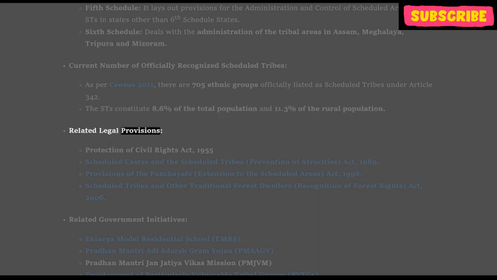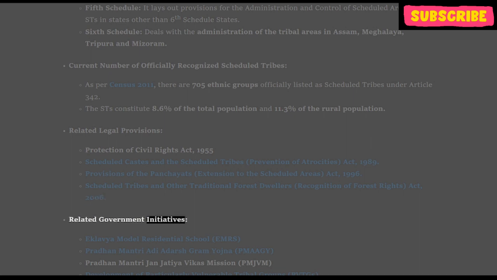Related legal provisions: Protection of Civil Rights Act, 1955; Scheduled Castes and the Scheduled Tribes (Prevention of Atrocities) Act, 1989; Provisions of the Panchayats (Extension to the Scheduled Areas) Act, 1996; Scheduled Tribes and Other Traditional Forest Dwellers (Recognition of Forest Rights) Act, 2006.